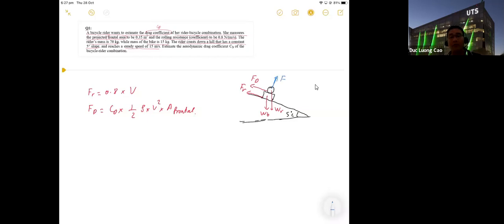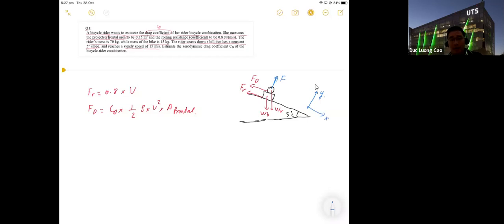We call the moving direction the X direction and the perpendicular one the Y direction. We only look at the X direction, so we can ignore the force in the Y direction. That's why I did not mention the force from the ground applied to the rider and the bicycle.